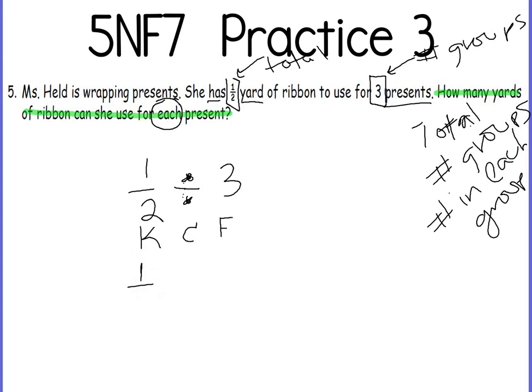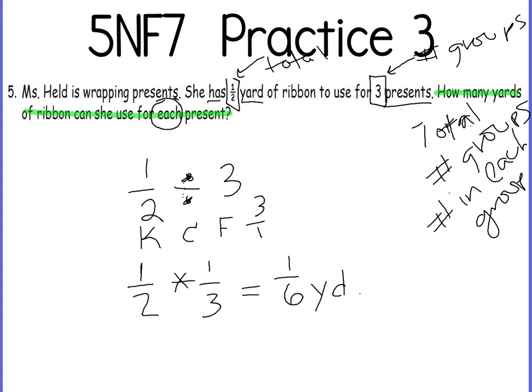So I'm going to keep the 1/2, change division to multiplication, and then flip the 3. Remember, 3 is like 3 over 1, so this becomes 1/3, and then I multiply as normal and I get 1/6. So Miss Held would use 1/6 yard of ribbon for each present.